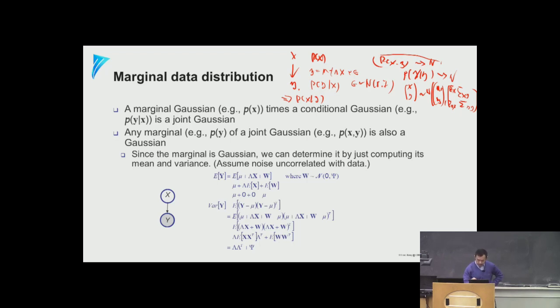Let's compute all these elements in the matrix. Let's first write down the joint. So we have mu of x. What is mu of x?